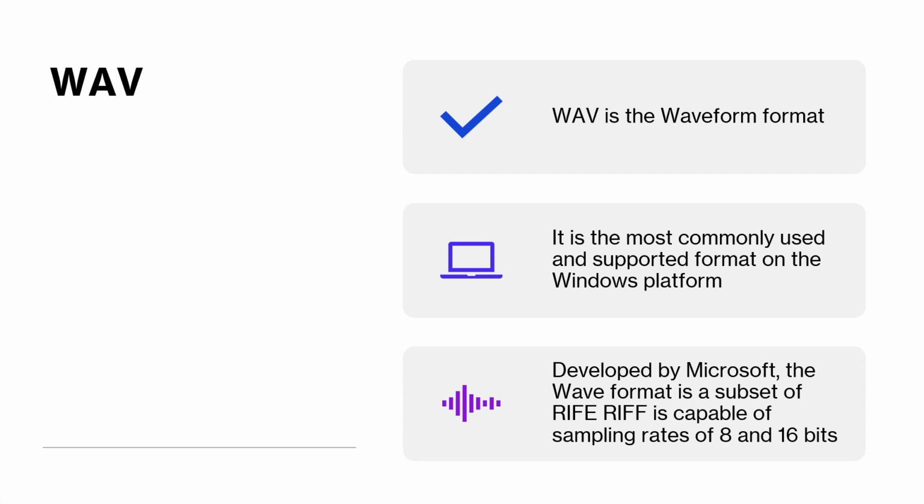The Windows operating system was developed by Microsoft, so that should tell you that the WAV file was developed by Microsoft. The WAV file format is a subset of the RIFF format, which is capable of sampling rates of 8 and 16 bits. So that is about the WAV file.